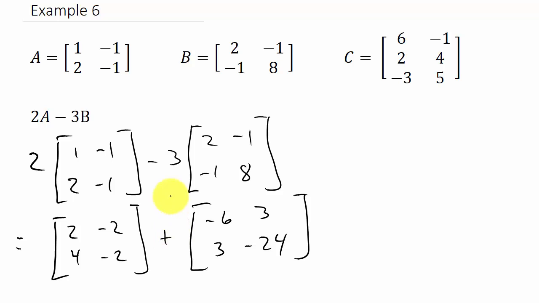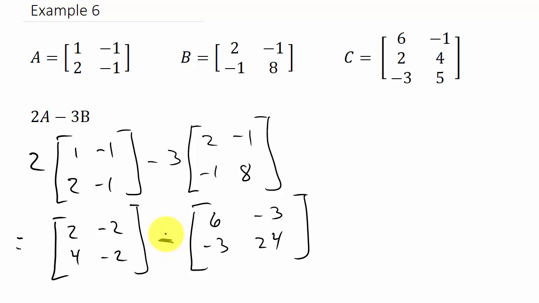Okay, the other way that you could do it, and I'm going to go back to the plus, but let me just show you. If you multiply by a positive 3 and say, okay, that's 6, negative 3, negative 3, 24, you would have to keep the minus sign. Okay, that would be the difference.